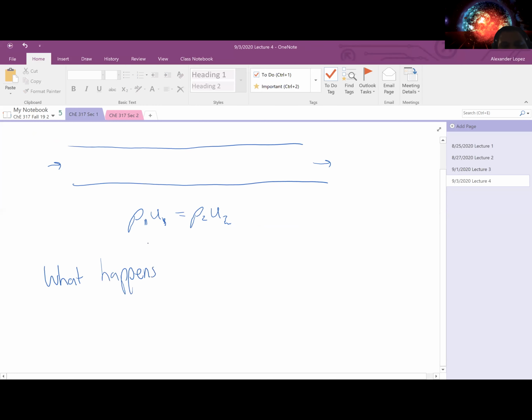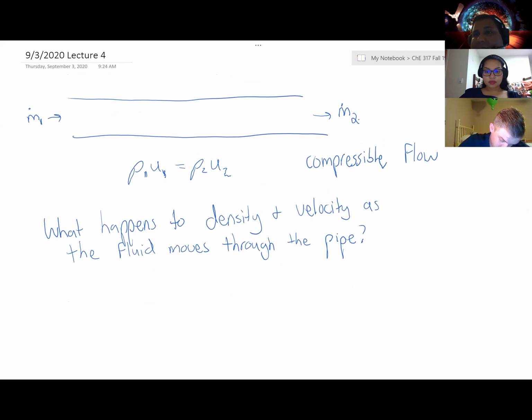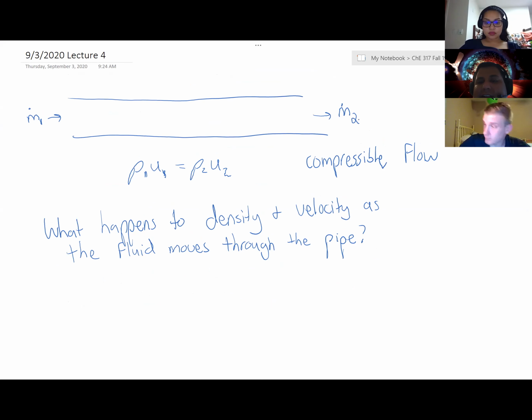So what do we think is going to happen to the fluid density as this system moves through the pipe? Is it going to increase, decrease, or stay the same? Anybody want to take a good guess?